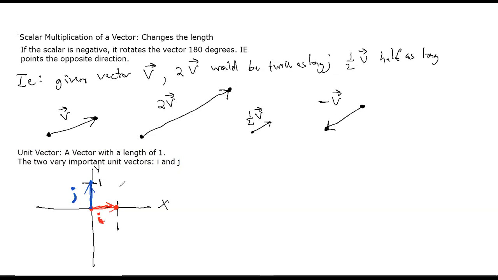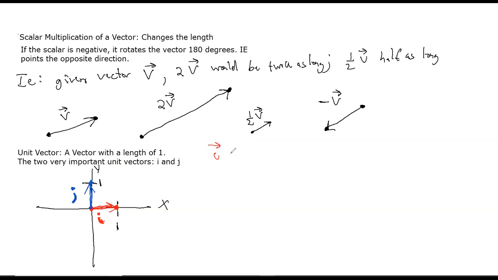There's a third one when you get into 3 dimensions, it's k, and that's when you have a z-axis, and k just points at 1 on the z-axis. So these are going to be the basis of us writing vectors in component form traditionally. So i is the base horizontal component, and I'll write it with an arrow this time. Some people don't even do the dot, they'll just put the arrow where the dot would be, like this.